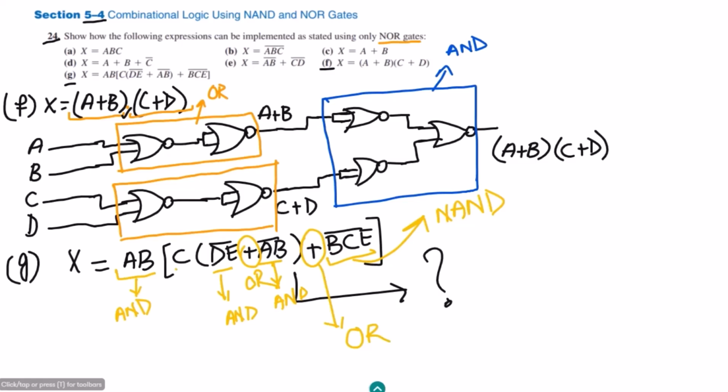And this is the AND operation here, and when all this is calculated, it will be ANDed together with it as well. So this is the solution of part G.